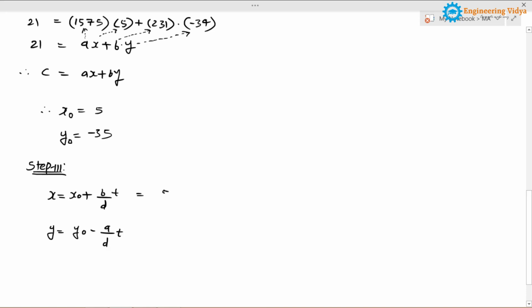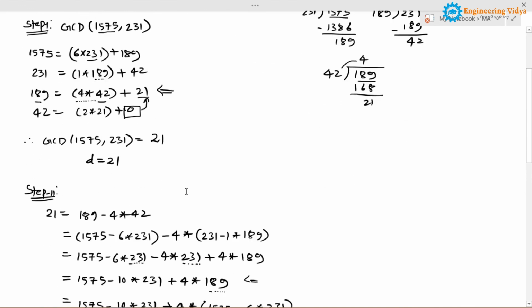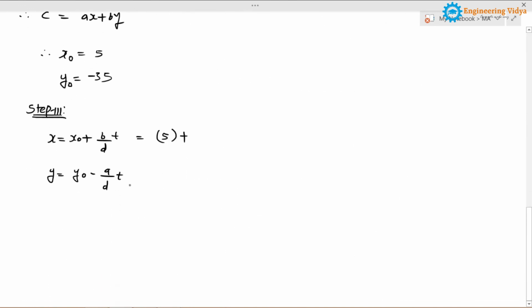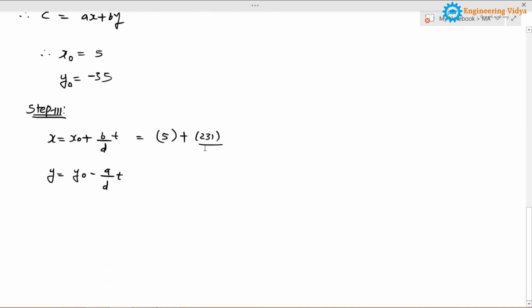x0 is nothing but 5, and if you see the value of b, b is nothing but 231. So here we'll take 231, and d is nothing but 21. This is not t, this is d, right?